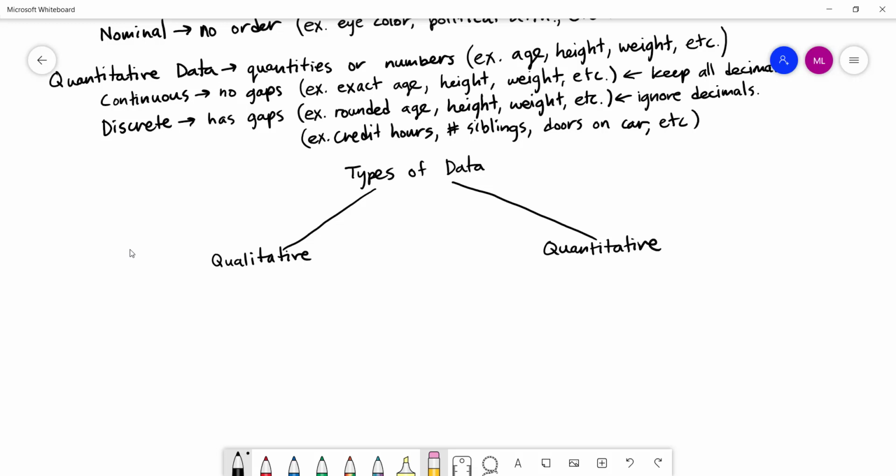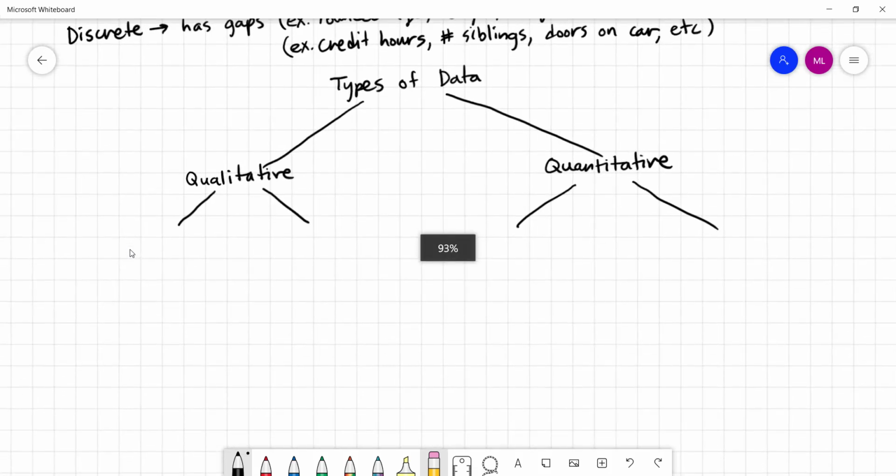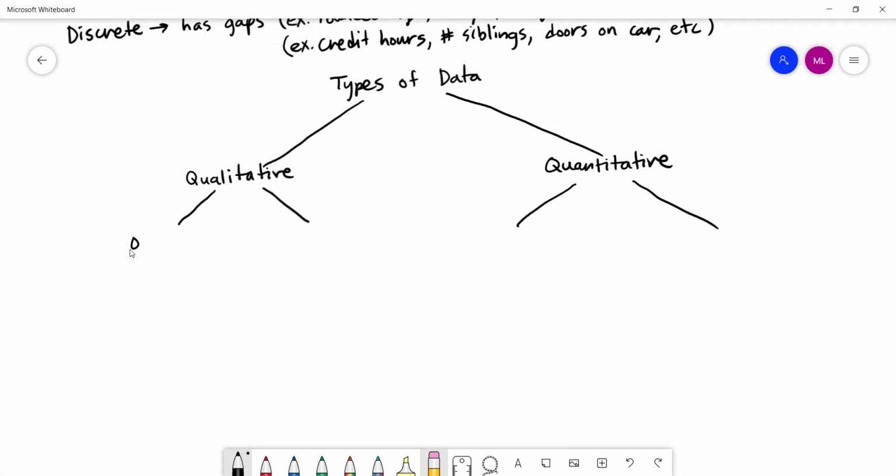And then each of those 2 things is further broken into 2 subcategories. And so for qualitative data, we have ordinal data. We have nominal data. So ordinal, again, means ordered. Let me write the word, nominal. So ordinal data, there's a natural order. Nominal data, there is no natural order, but they're both subcategories of qualitative data, categories, not numbers.